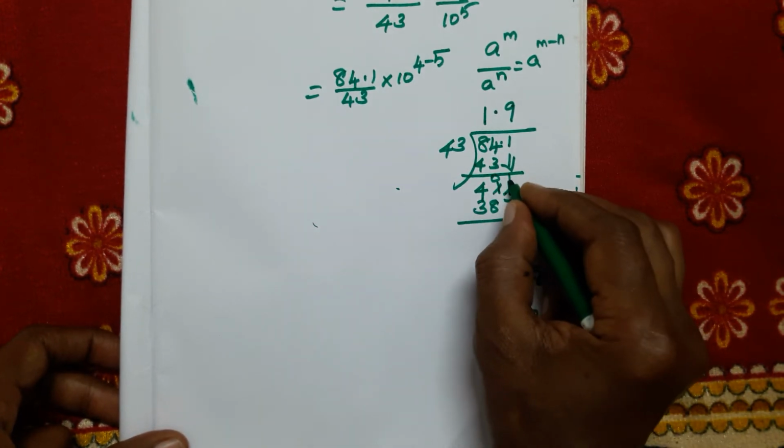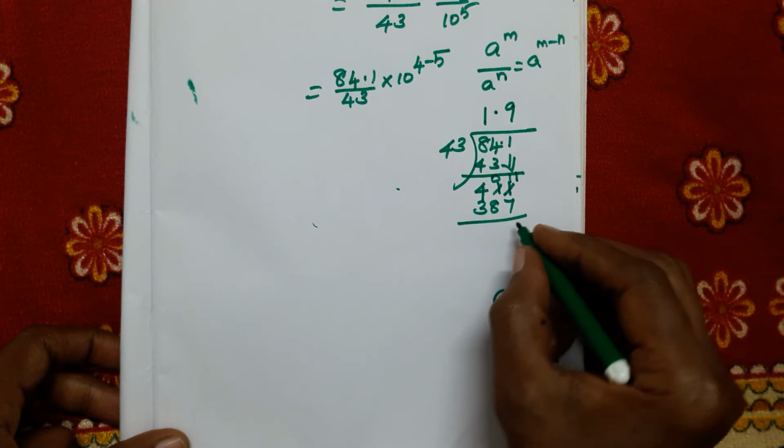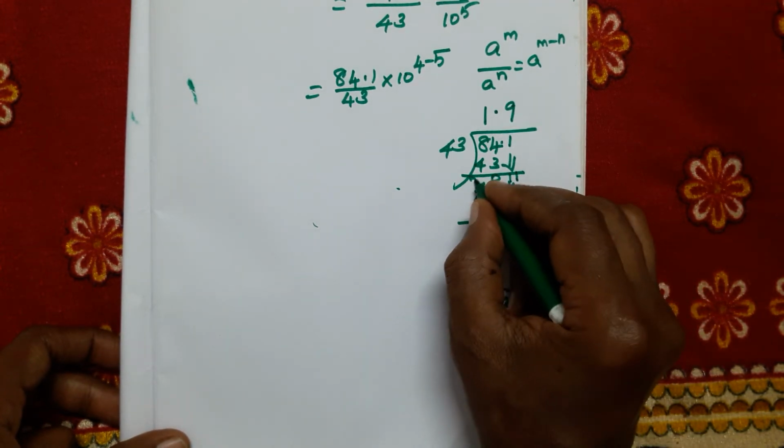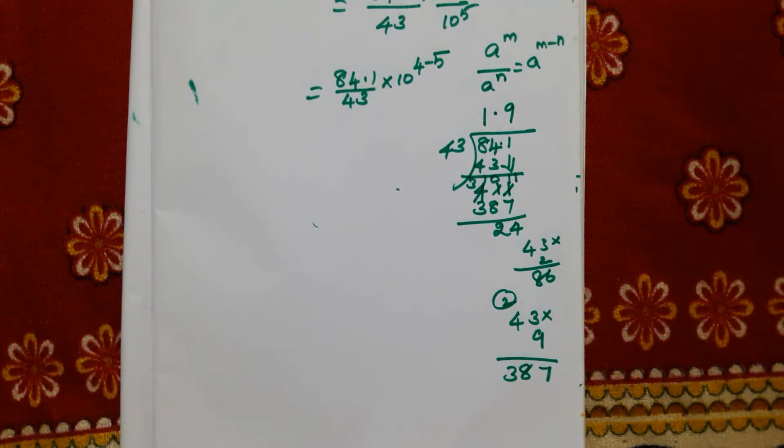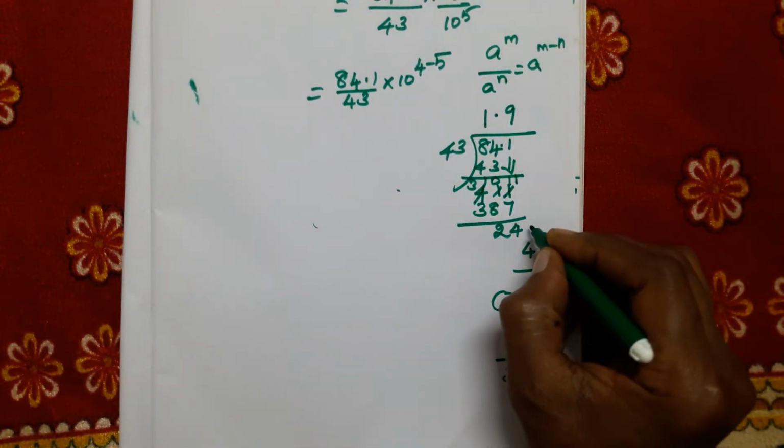Here 0, here 11 when we are borrowing. Next here 4, here 3 will be got, here 10. So 2.